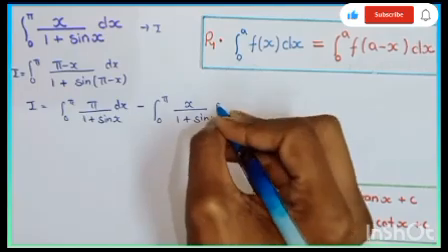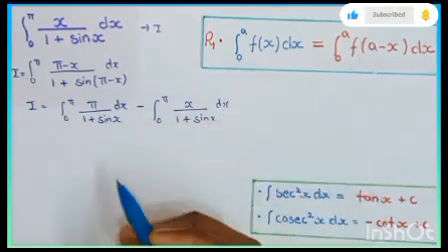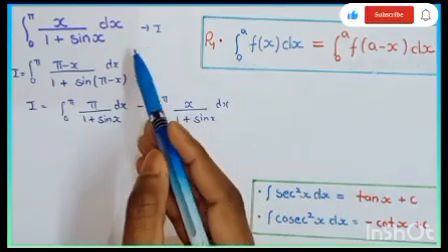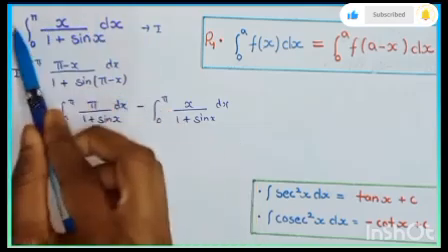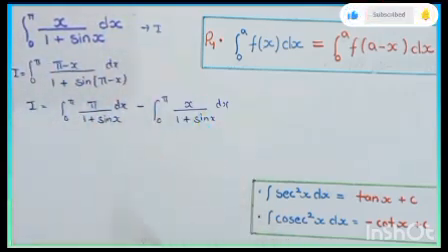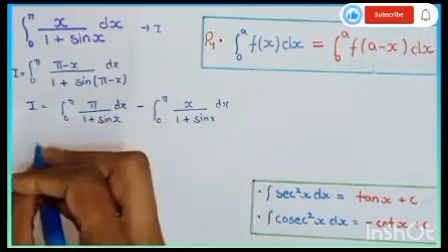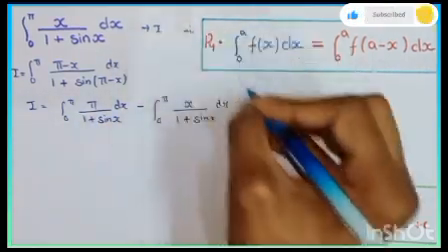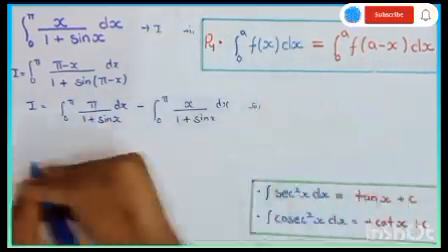Sin x dx. Okay? Now, if you look carefully, you'll see that if I add this one, I plus I, then this will cancel out. So let me add this. Consider this the first, consider this the second, on adding first and second.